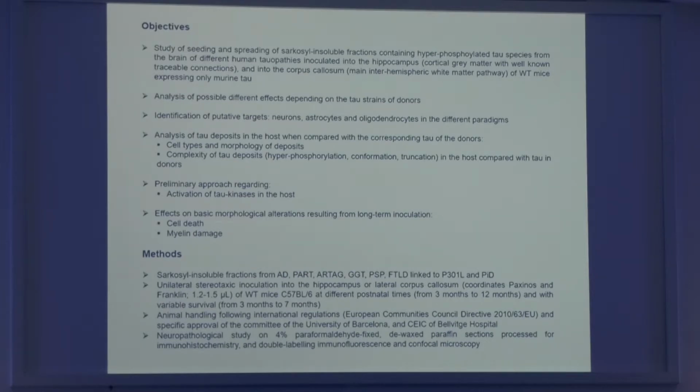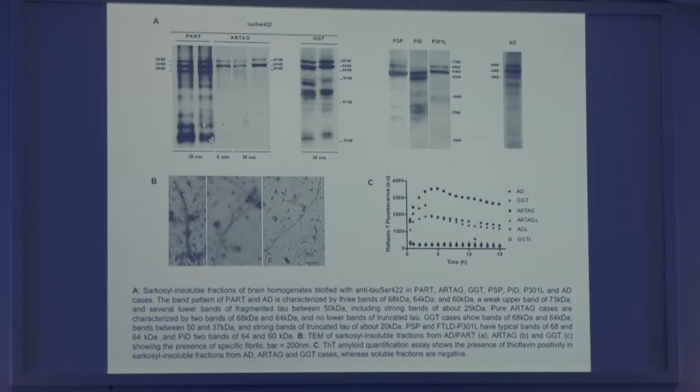And to use this kind of model, expressing murine tau, to know what is the part of the response, or the responsibility of the response regarding tau spreading and seeding in relation with the characteristics of tau in the host. Well, you can see here the characteristics of the main compounds of the different inocula that we have.